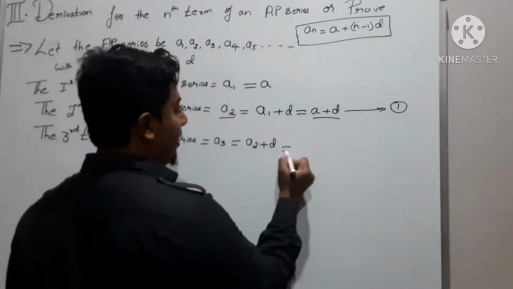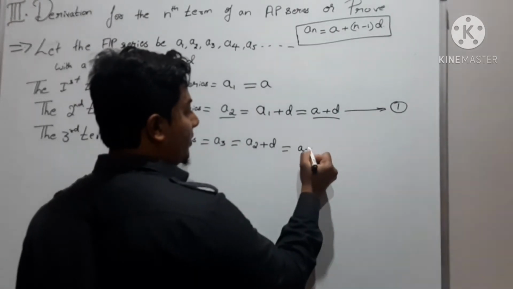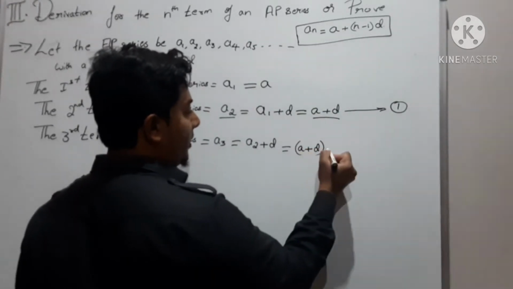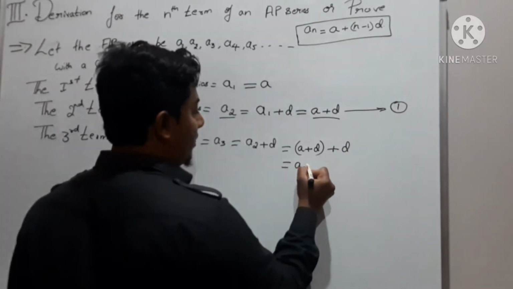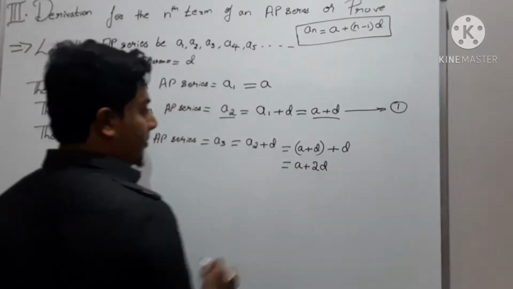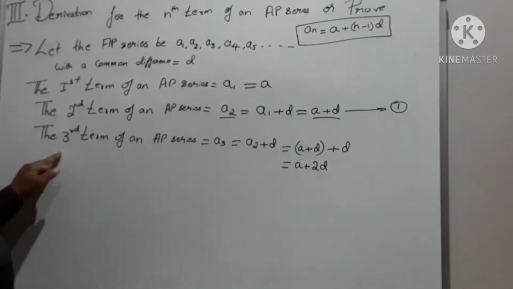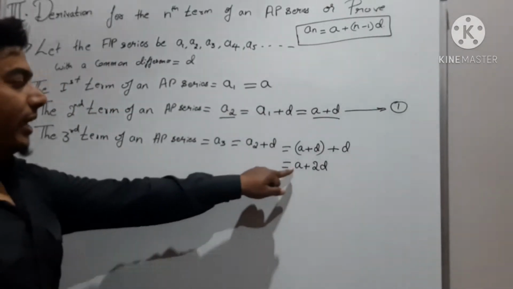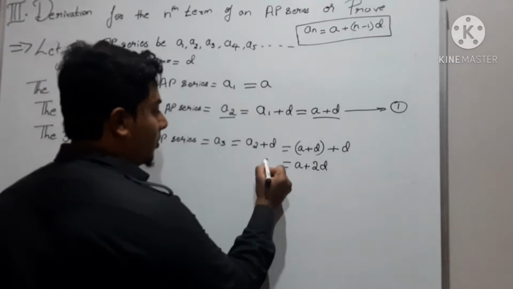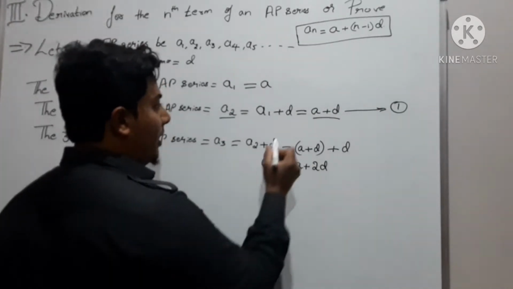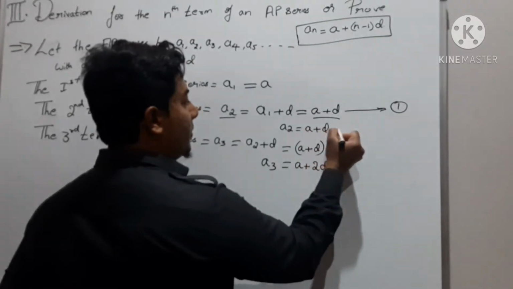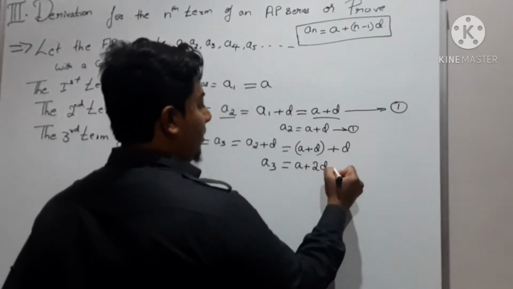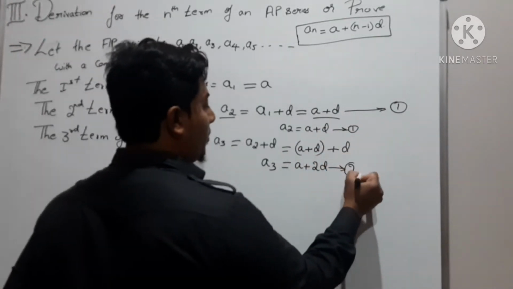So a3 is a plus d plus d, which we can write as a plus 2d. The third term of an arithmetic progression series is a plus 2d. The second term here is a plus d. This is equation 1, this is equation 2.